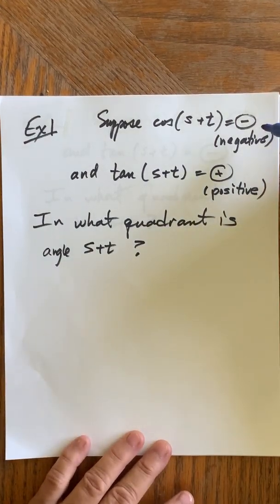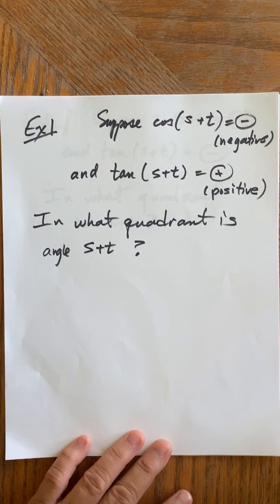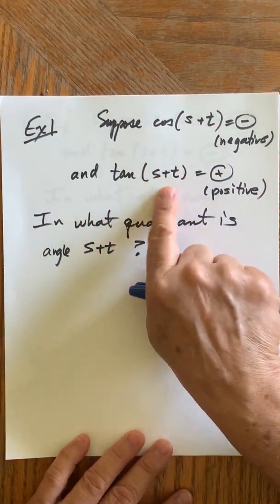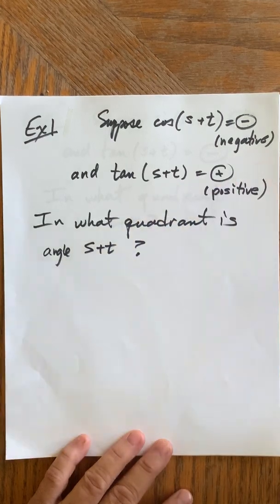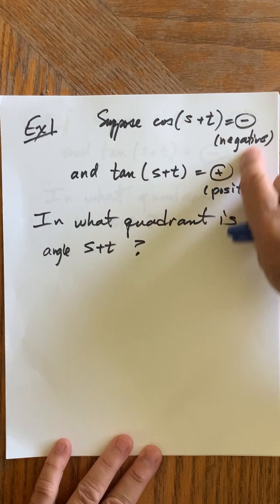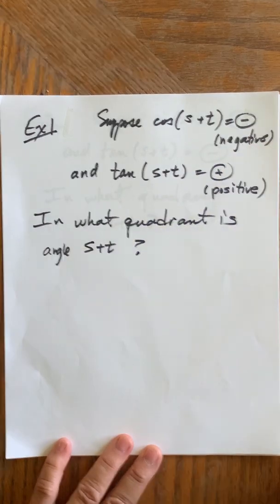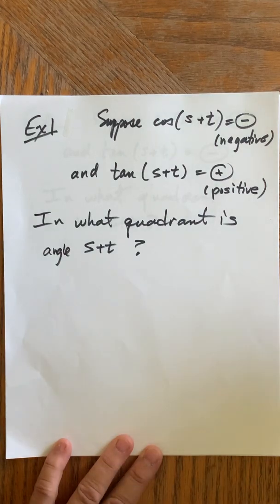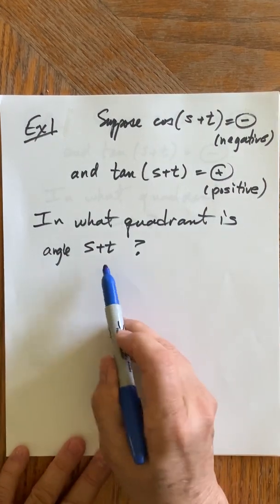What matters is the sign, whether it's positive or negative. And you also know that the tangent of the sum S plus T is positive. I'm going to use these symbols, negative with a little circle and positive with the plus sign with a little circle. So you want to know what quadrant the sum S plus T is in.